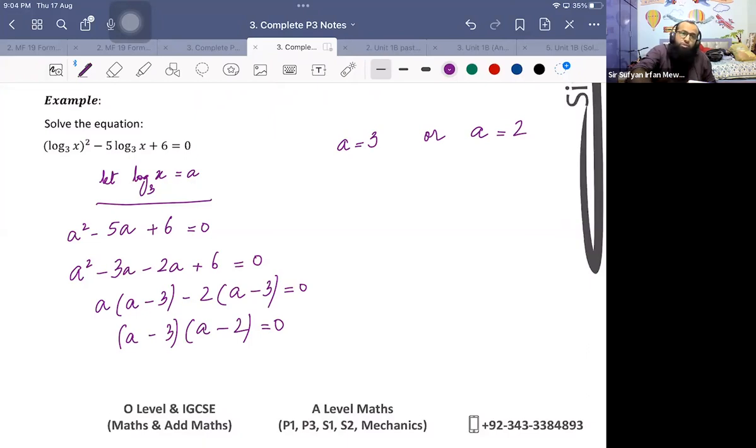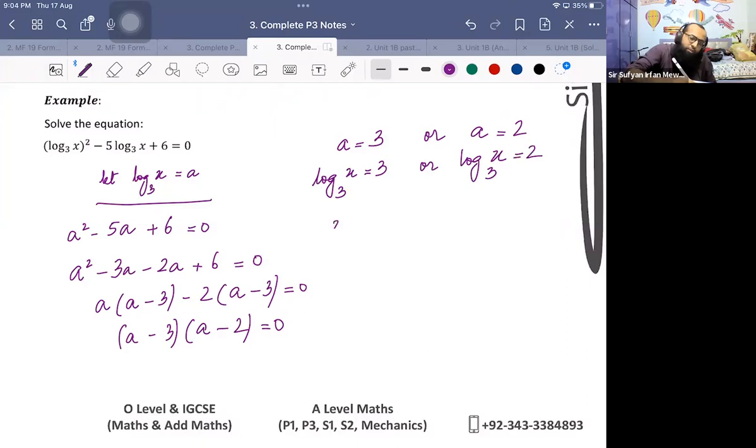So we have to use substitution again as well. If a equals 3, then this means log of x with a base of 3 equals 3. And another possibility, log of x with a base of 3 equals 2.